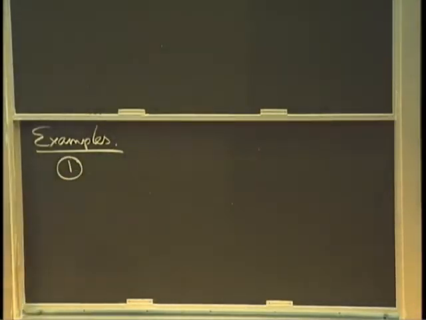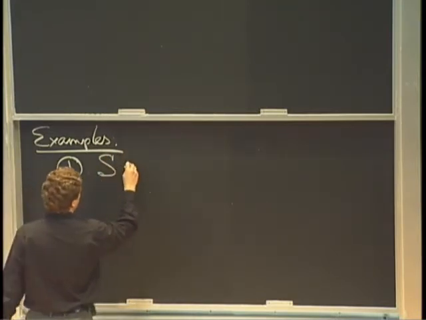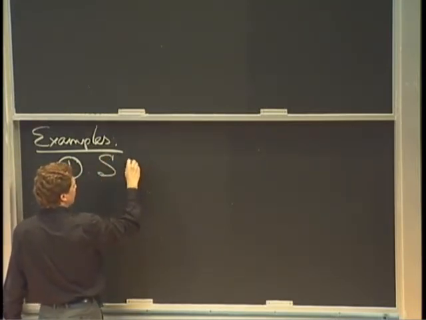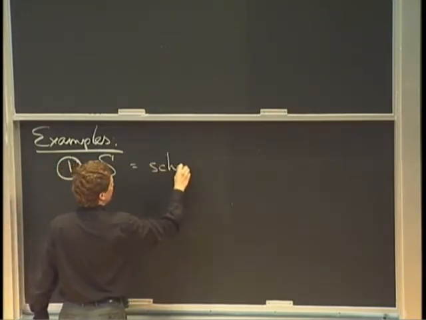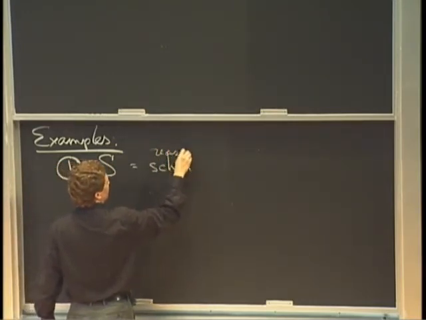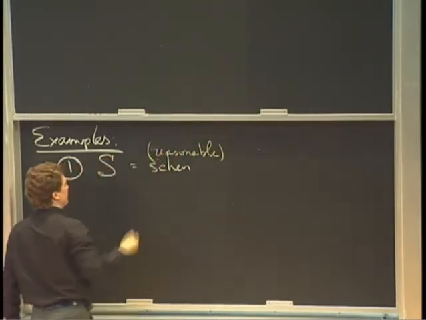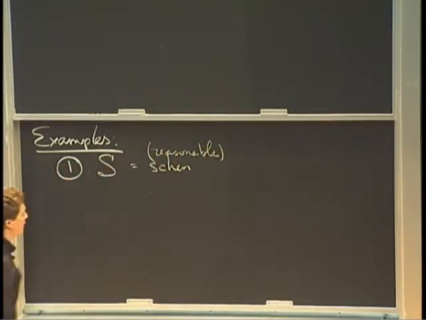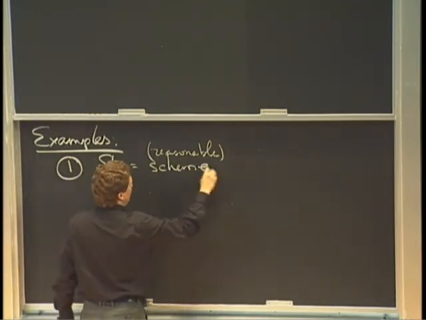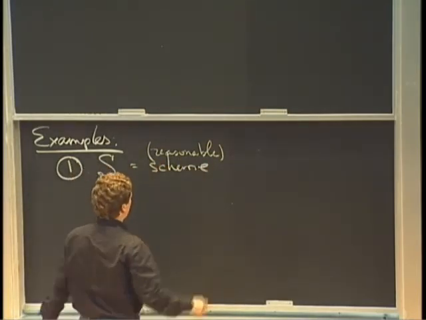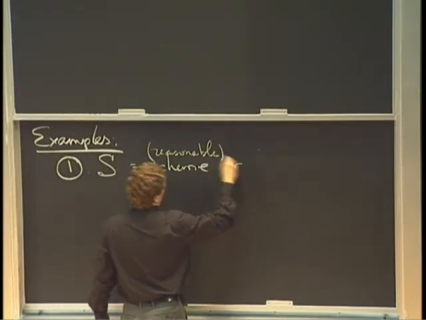The two most relevant to me are the categories of quasi-coherent sheaves and categories of D-modules. First, let's suppose that S is some reasonable scheme, where reasonable means something like quasi-compact, semi-separated, some quite weak conditions, or a reasonable stack.